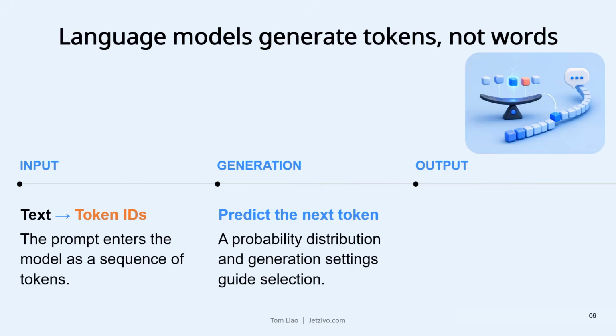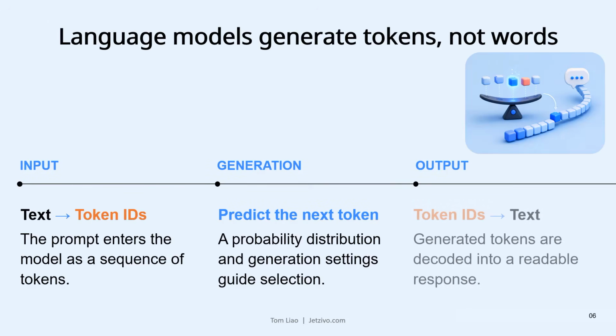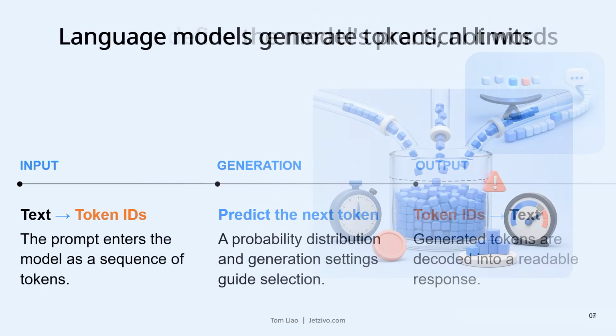The model then predicts the next token. Finally, the generated token IDs are decoded back into readable text. So a language model does not literally generate the next word. It generates the next token.